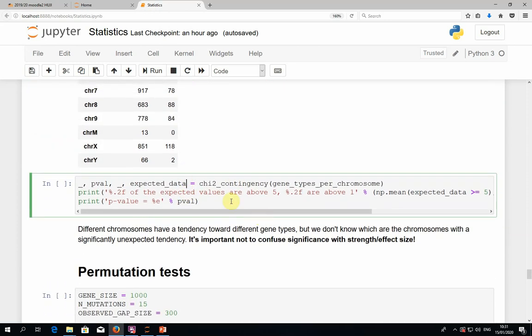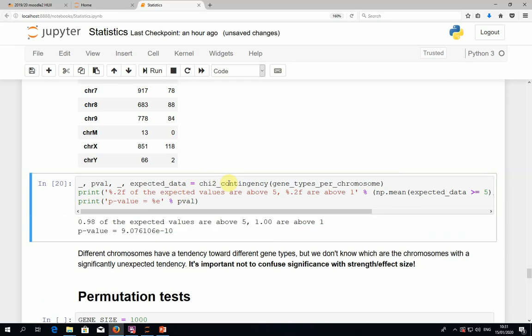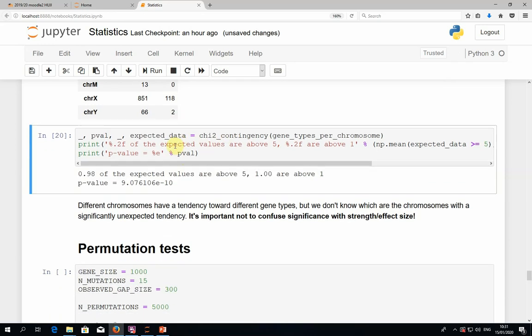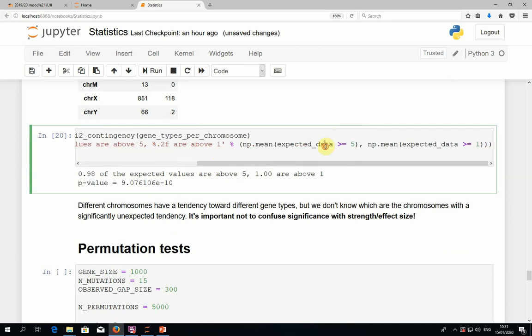So again, we can simply use the same chi-square test. And again, we get a p-value and expected table. And now we wrote this code that will check if we have those criteria met. So you can see we compared the expected data to 5 and calculated the mean to get the fraction of the entries which are larger than 5, and again, the fraction of the entries which are larger than 1.